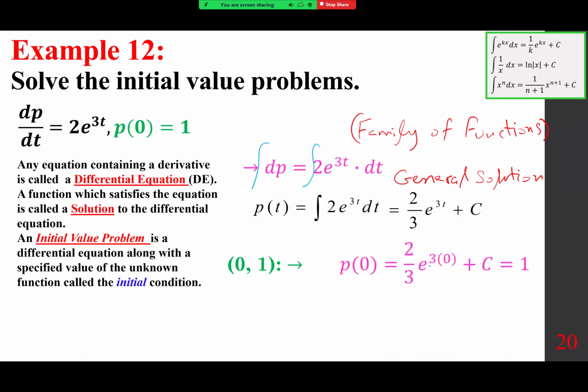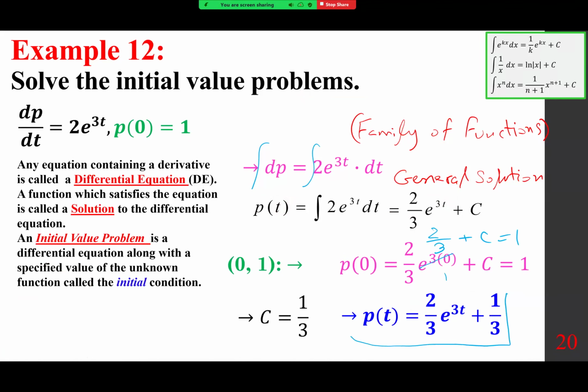So e to the power of 3 times 0 is e to the power of 0, which is 1. And so 2/3 and what number adds up to 1, c becomes 1/3. And the function from the general solution goes to one solution called a particular solution.